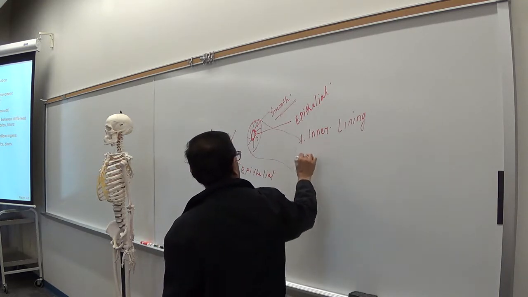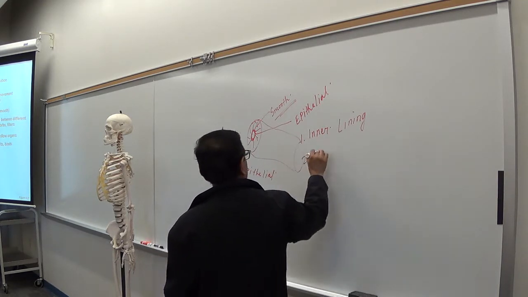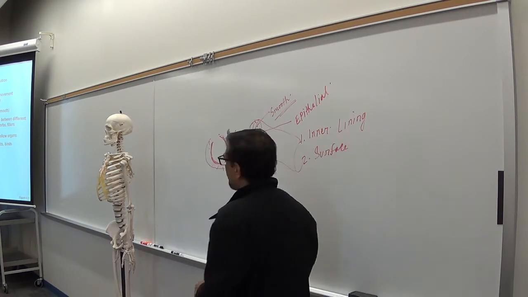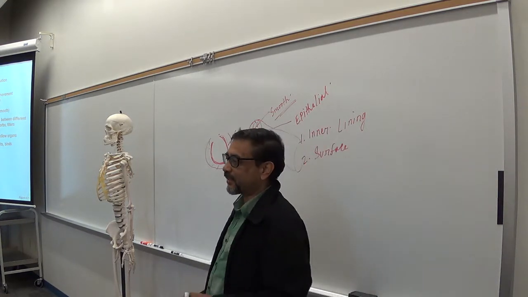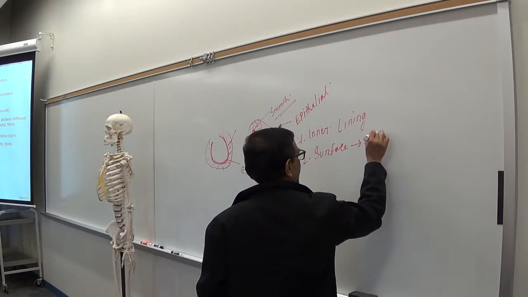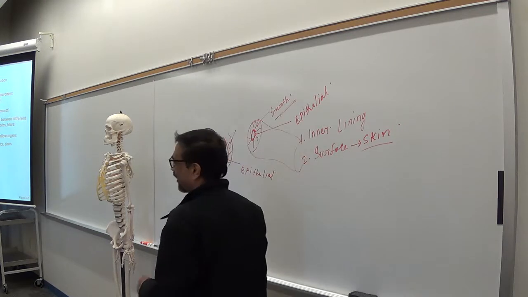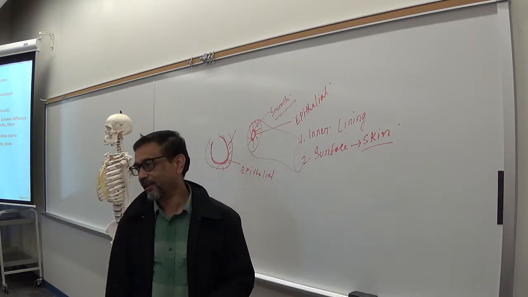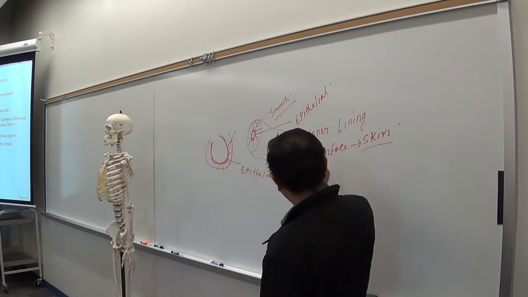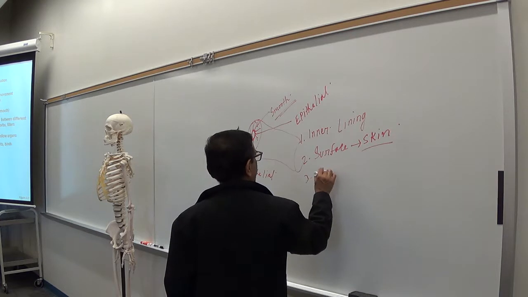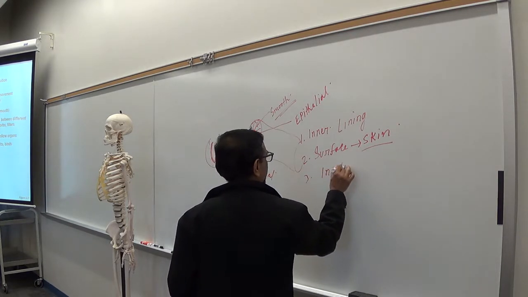Number one. Number two, surface. Skin is the surface of the body. So, skin has outer layer of the skin, that's the epidermis, is epithelial tissue. Okay? So, body surface. Number three, inside the glands.